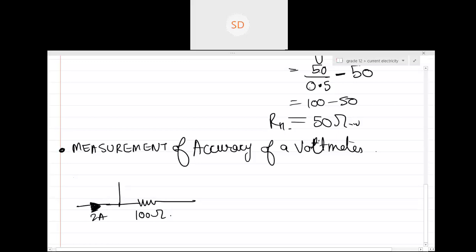If I connect an ideal voltmeter, then tell me, will any current go through the branch where the voltmeter is connected? No. So all of this 2 ampere current will pass through this 100 ohm resistance, and it will pass like this simply. Yes or no? Yes, sir.